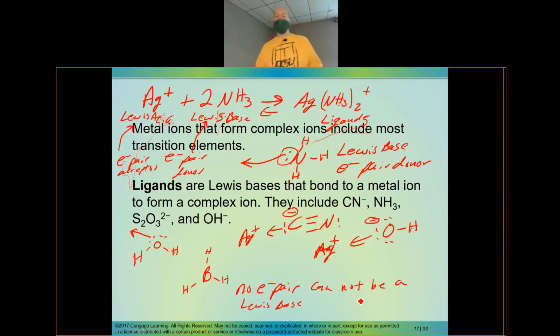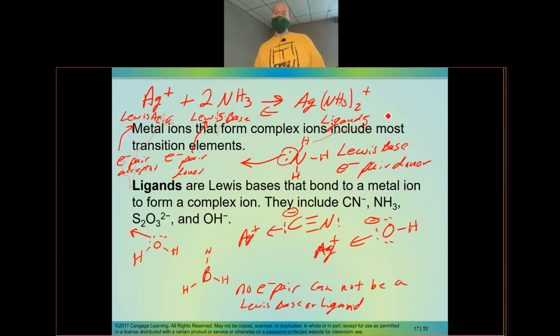And if it can't be a Lewis base, then it cannot be a ligand. So in order to be a Lewis base, you have to have an electron pair. Once you are connected to the metal, you are then called a ligand.